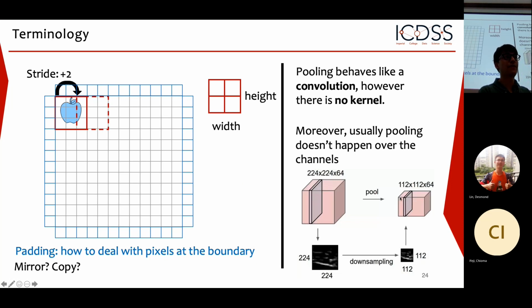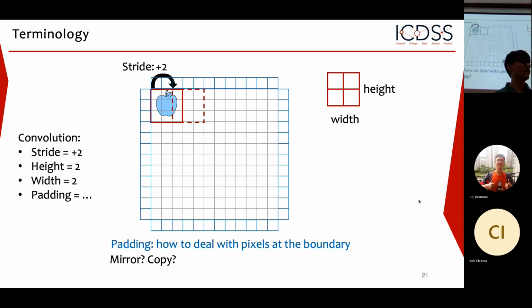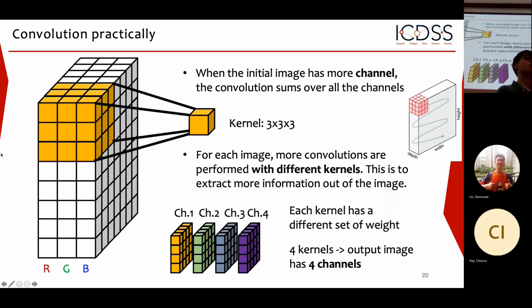Why? Because then I can perform another convolution that is going to consider all the channels. Because the convolution, contrarily to the pooling, covers all the channels, as we saw before. In particular here, the convolution covered all the depth of our image.